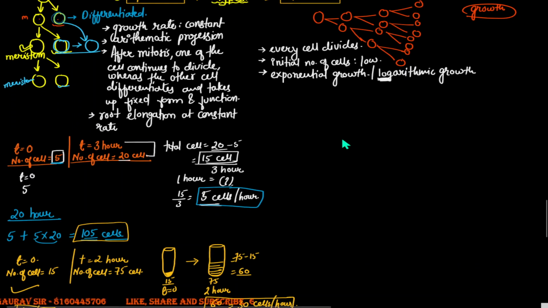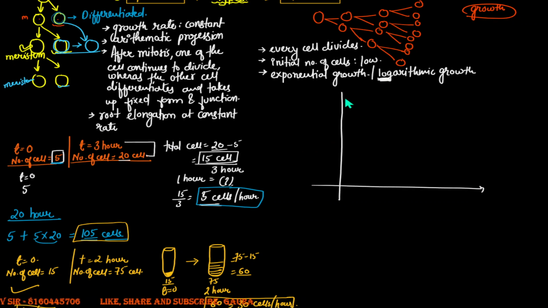So if I were to plot a graph of this, on the x-axis I plot time. On the y-axis I plot either the size, or the weight. I can also plot the number of cells, or I can also plot the height of the plant.